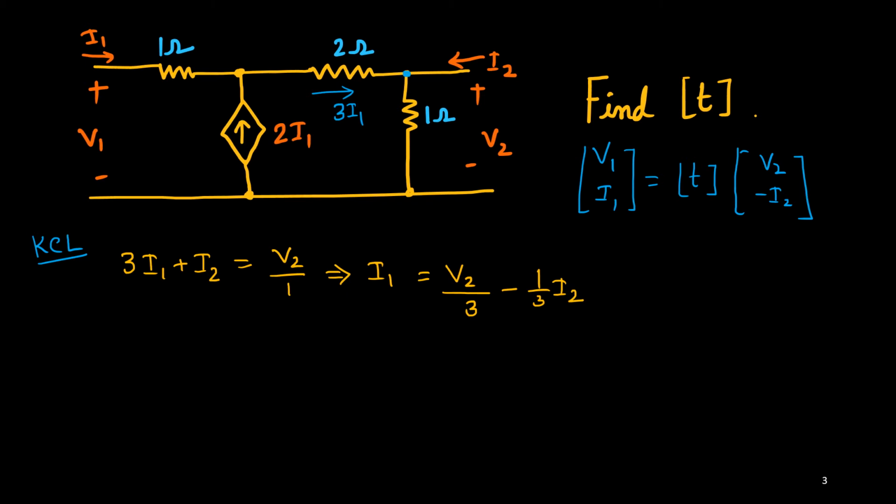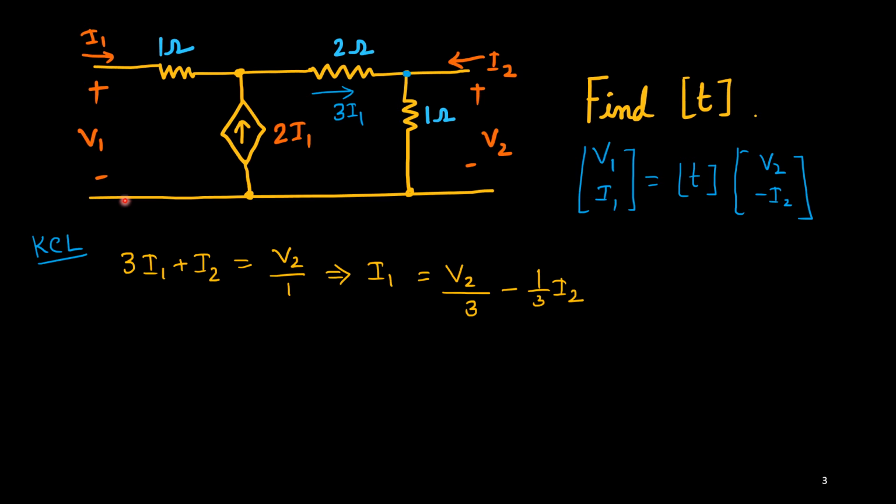The first equation we have to get is V1 in terms of V2 and I2. For that I need one KVL. But here you have a dependent current source, so we don't know the potential across the current source. We wish to avoid the potential across this one, so we'll consider this bigger loop, that is called the super mesh concept.